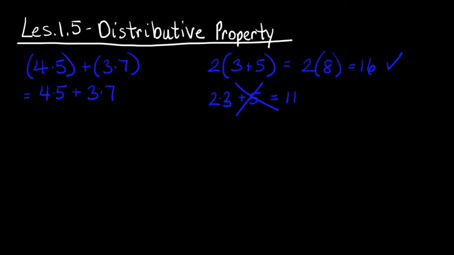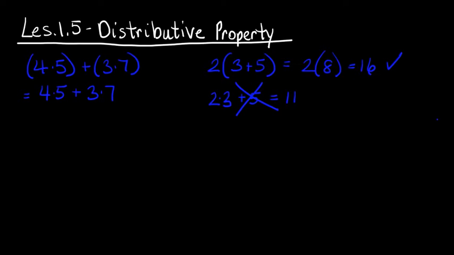If I did what's called distributing, I want you to think of it this way. If I distribute papers to you all, I'm passing them out to everybody. I want to make sure everybody gets one, right? So this 2 has to be multiplied by the 3 and the 5.